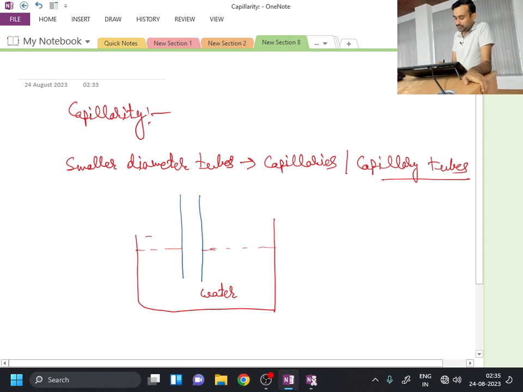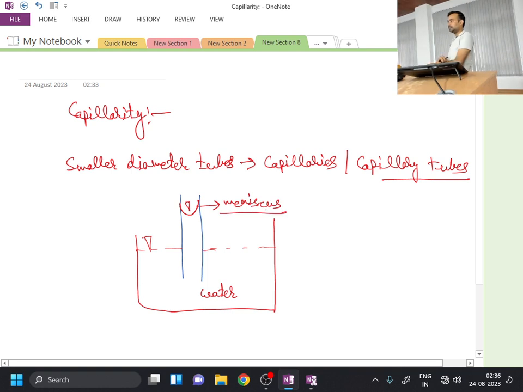Initially this was the free surface. Okay, now you will find that if water is inside the tube and this is a glass tube, there will be some rise in height of the water within the tube, and it will form a free surface something like this. Okay, so now it will form another free surface at this location. So this is a new free surface over here. This particular curved type of free surface is called the meniscus.